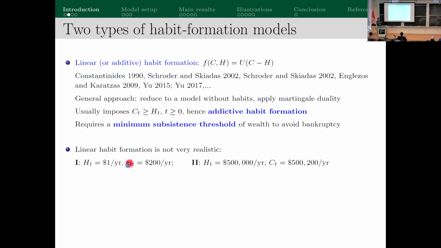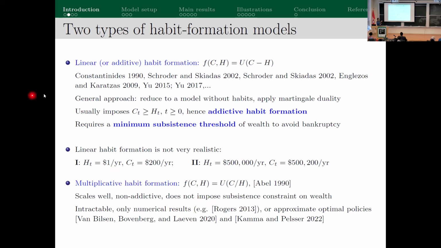Would I be happier in this scenario, or in the scenario where I've been spending $500,000 a year, and now I'm spending another 200, right? The additive model says that actually you are more happy here, which is a little bit weird, because linear habit formation doesn't look at the level of habit at all, right? Which it should.